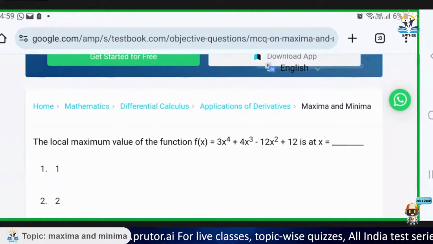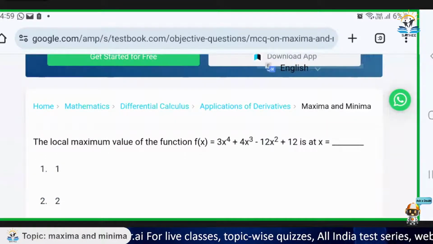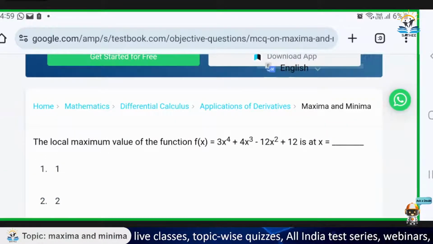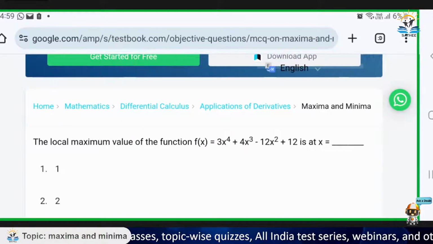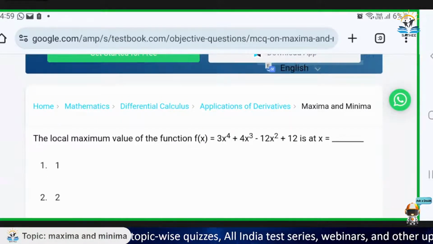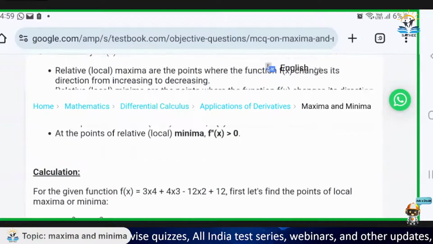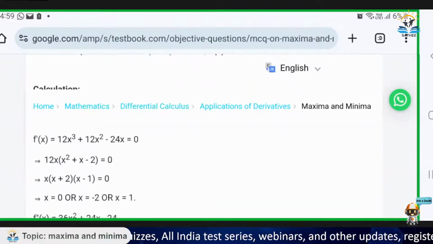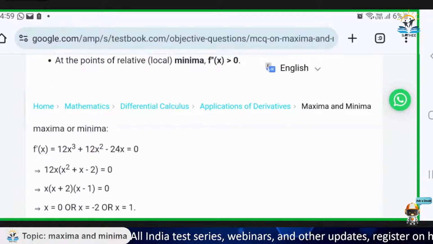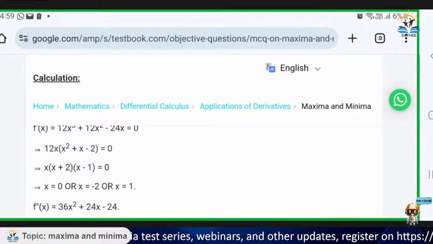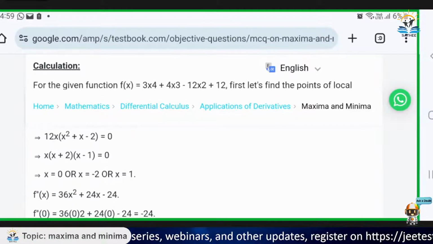So we'll differentiate this function and we will get 12x cubed plus 12x square minus 24x is equal to 0. Now f dash x can be factorized like this and we will get these critical points.